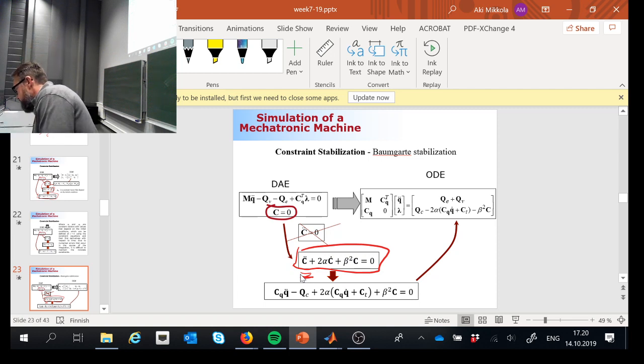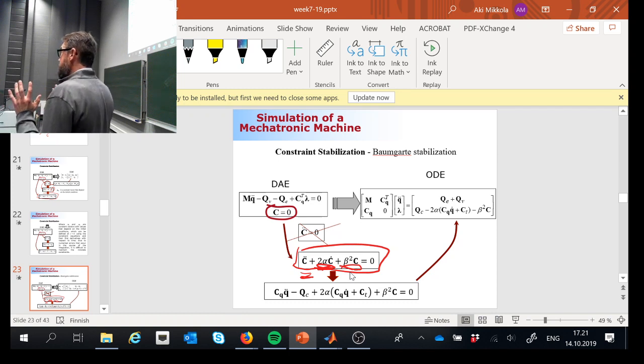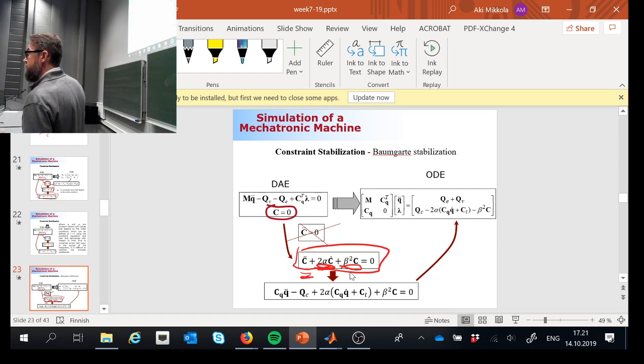These two additional components are this one here, where the velocity of constraints is multiplied by the artificial component alpha, and that is multiplied by 2. And then I have another component where the positions are multiplied by the artificial component beta. This is a very often used constraint stabilization method that is called Baumgarte stabilization.